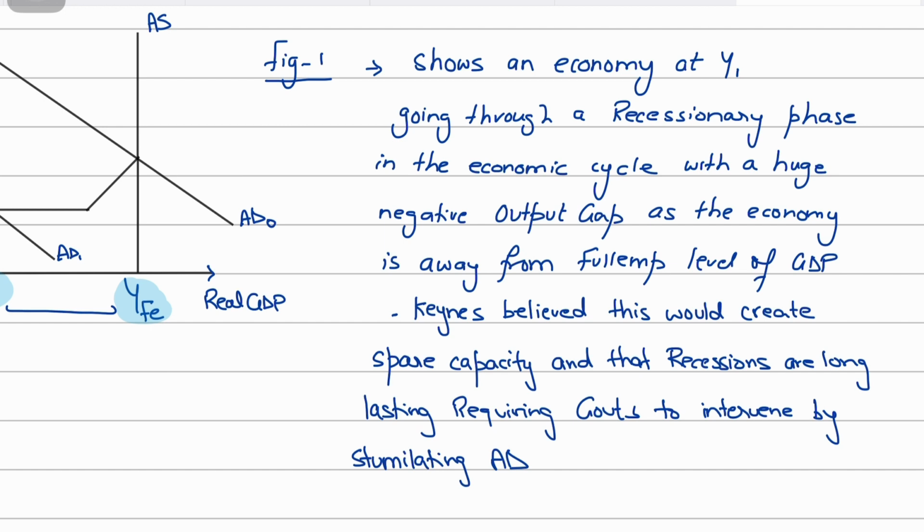Although he proposed expansionary fiscal policies, since the question is talking about monetary policy, you could say that Keynes was a major proponent of the government intervening and coming up with expansionary policies, and one of the ways is by the intervention of the central bank through expansionary monetary policy.